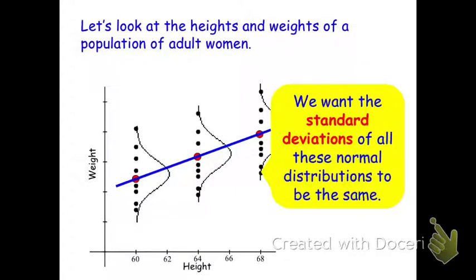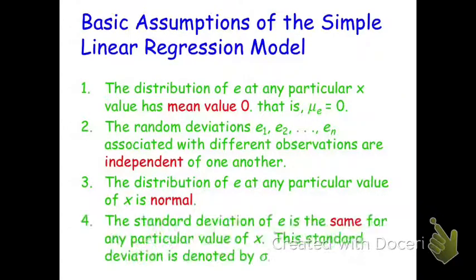Essentially we want the standard deviations of all these normal distributions to be the same. So the fourth assumption is that the standard deviation of the errors is the same. Now, this is really hefty and it's a lot of text, so whenever we do a write-up next class, we will shorthand it into something a little more simple. These assumptions are really the main part of the write-up.